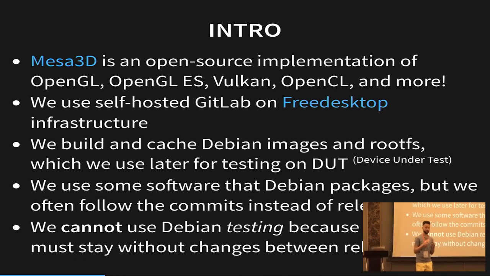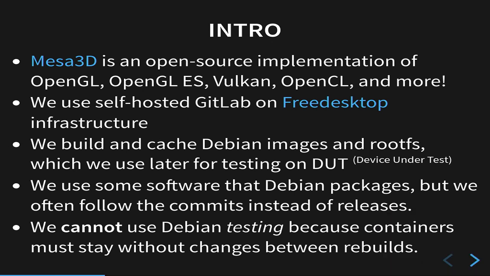For Mesa development, we're using freedesktop infrastructure, and we're using GitLab CI directly. What we do is we build containers, and we usually ship these containers to the device under test, and we also send them to the runners in GitLab for software testing, for example, rendering on GPUs, rendering on CPUs, on processors.